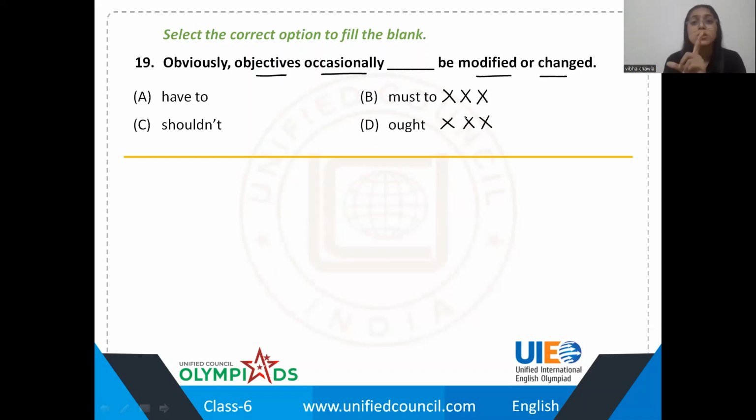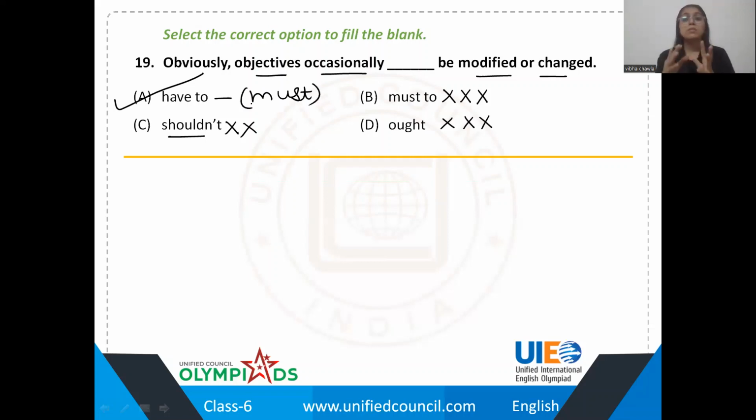Not only ought, it's ought to. Should, I told you earlier also, is used to give a piece of advice. Have to can be the right fit here because have to is like must. We can't go with option must because it is given with to here, which is grammatically incorrect. So the only option we can go with is have to.